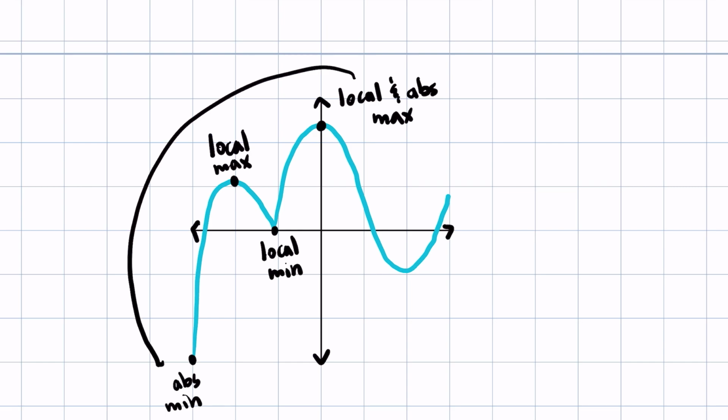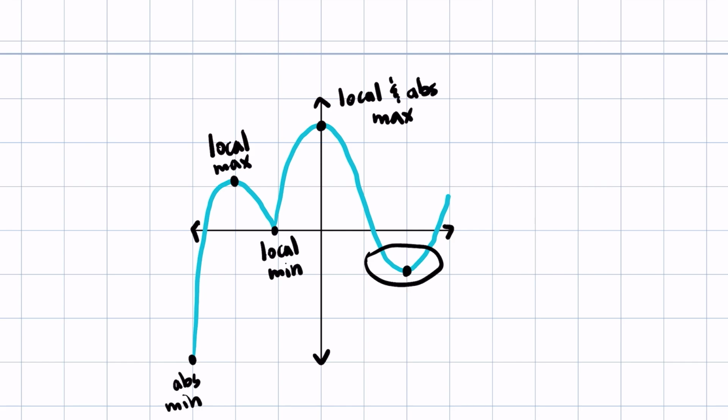Notice between these two, this is both local and absolute. This is just absolute. It's not a local minimum because it's just an endpoint, right? We don't know what's happening on the other side of here. We don't care. All we care about is that on this interval, it's the smallest value. So it's just absolute. And then this here, again, around it, it's the smallest value.